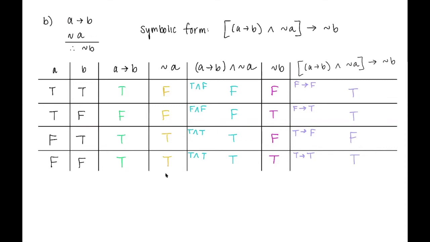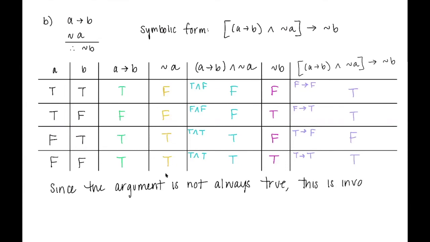But regardless, if I start with this combination, my argument is going to be false, and I don't want that. So since the argument is not always true, this is invalid.